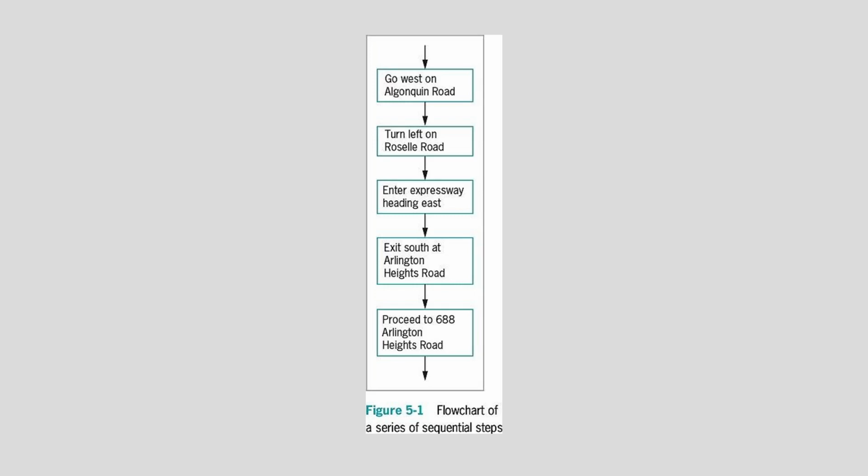And this figure shows a flowchart of a series of sequential steps. So all of the steps, starting from step 1 up to the last step, are being executed sequentially since this program is using the sequential structure.